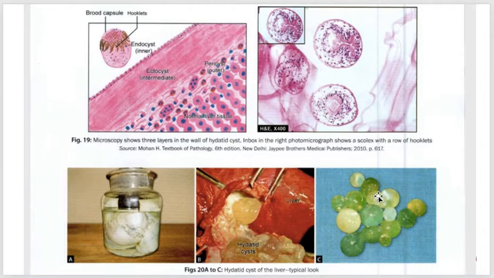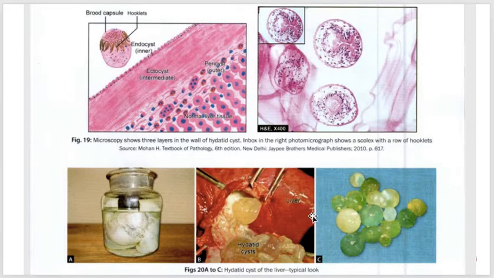You can see there is something called the brood capsule, there are hooklets, there is the endocyst, the ectocyst, and the pericyst, which is the outer one, and this was the liver tissue. Whenever this cyst is in the liver, it enlarges slowly and reaches a diameter of around 1 centimeter in about 6 months.